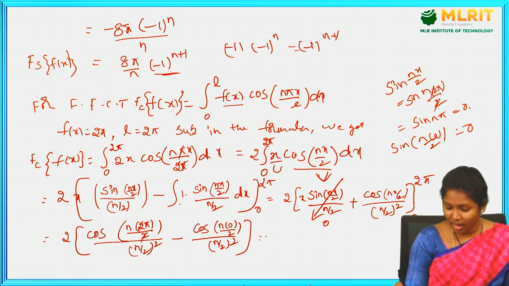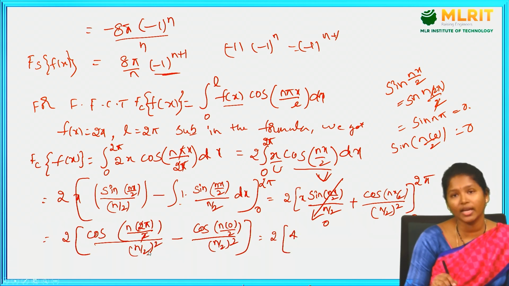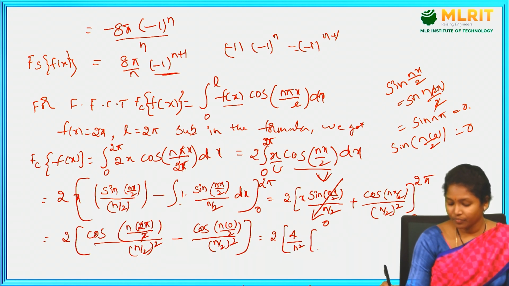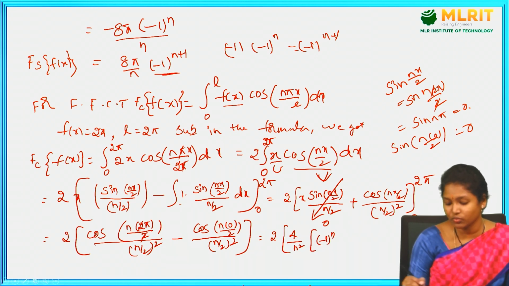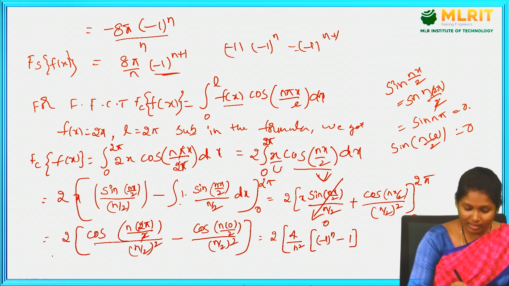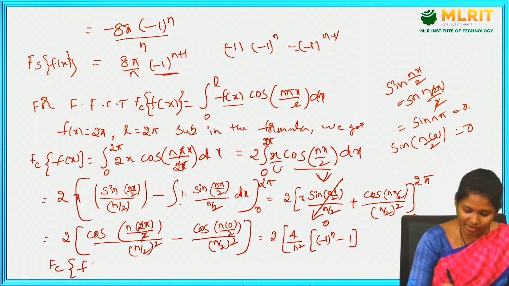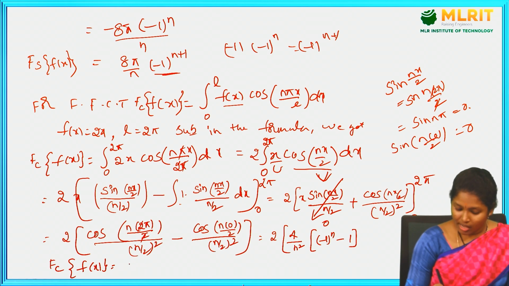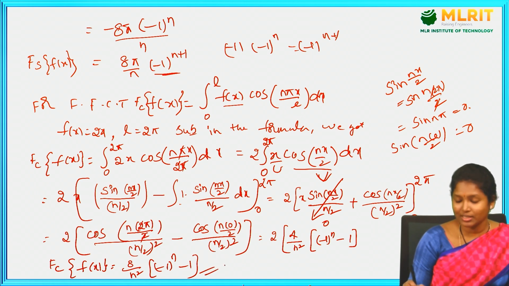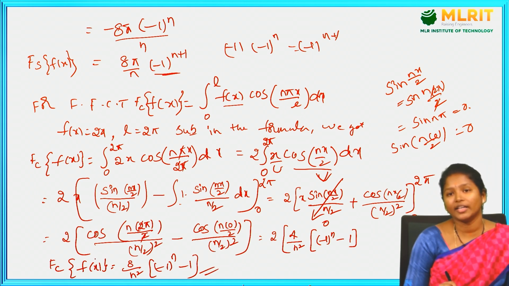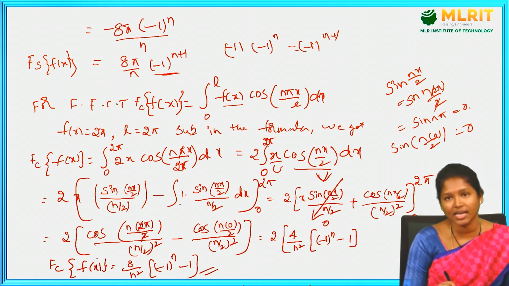So I will get 2 into 4 by n by 2 whole square, we are taking common, so 4 by n square. Cos n pi value is (minus 1) whole power n, and cos 0 value is 1. So I will get Fc of f of x equal to 8 by n square into (minus 1 whole power n minus 1). This is the result of both the finite Fourier sine transform and cosine transform.